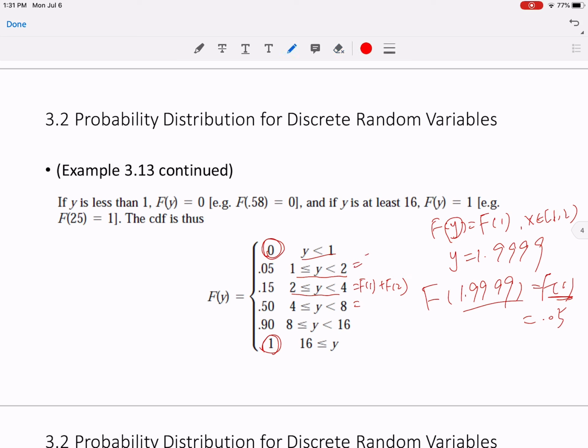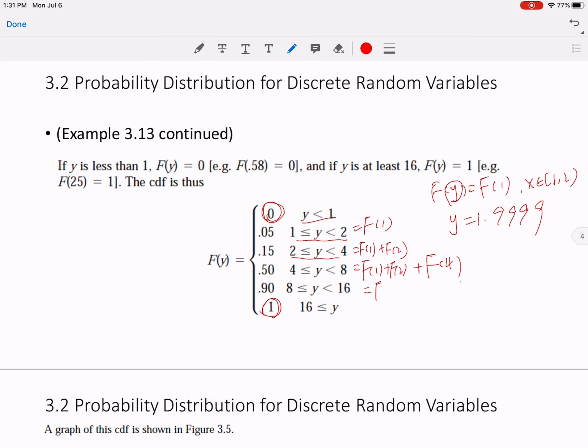The first one is equal to f of 1, and the next is f of 1 plus f of 2 plus f of 4, and then f of 1 plus f of 2 plus f of 4 plus f of 8.